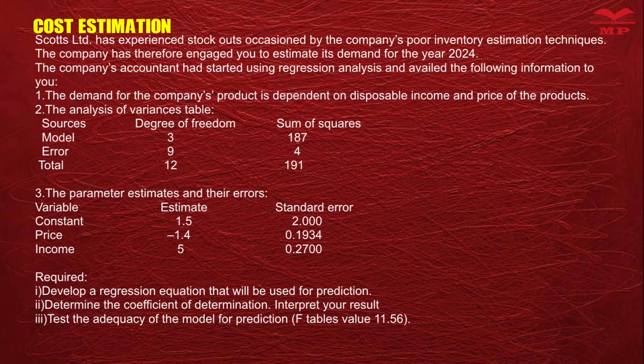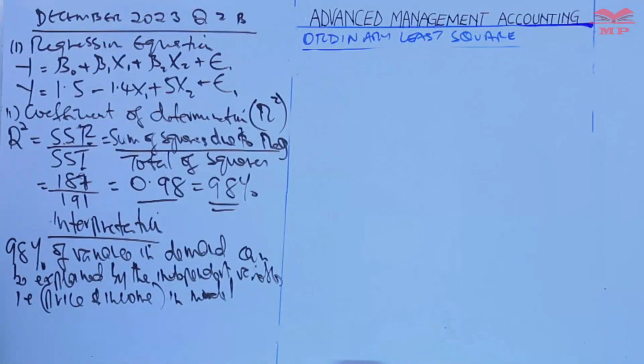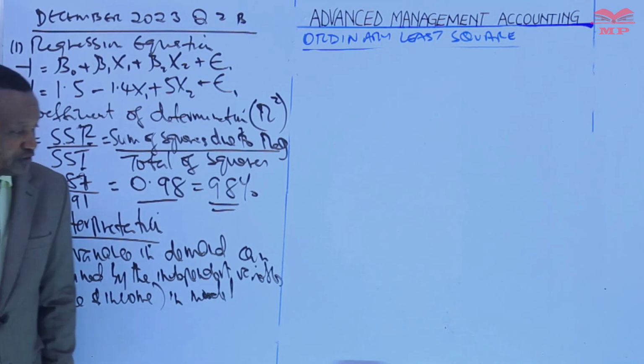In other words, candidates, this is just a ratio of the mean regression sum of squares to the mean squared error. So we need to calculate the F statistic. So what's the formula for F?